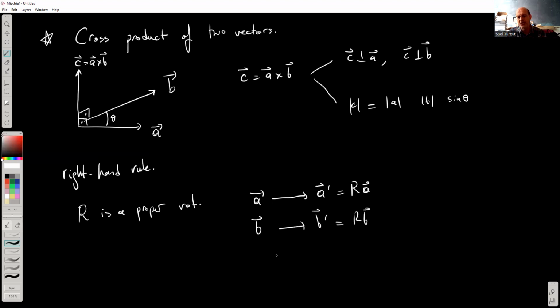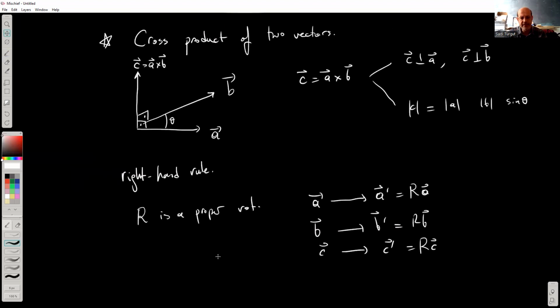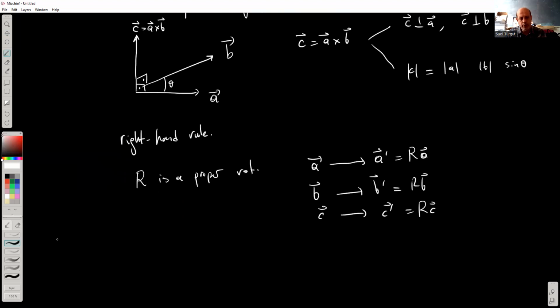C is transformed into C prime, sorry, R times C. If R is a proper rotation, the lengths of these vectors remain the same because the rotation is length preserving. It's also angle preserving, so this angle is still going to be the same. Moreover, I'm transforming the vector C in the same way, so that's C prime.